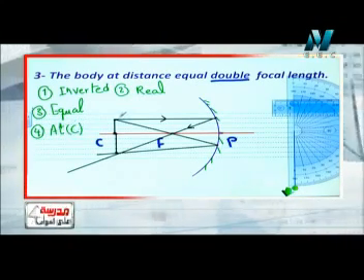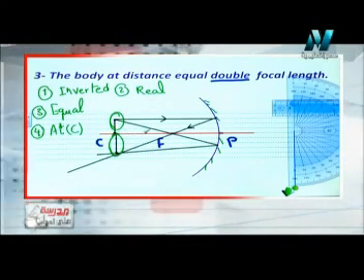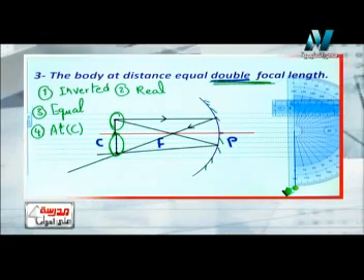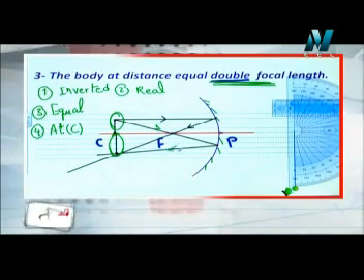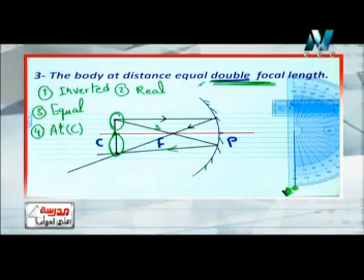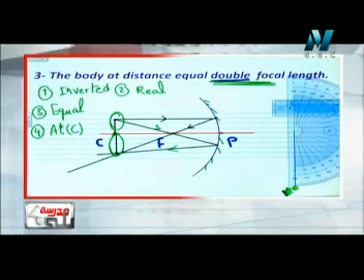So if the object is at center of curvature, the image is at center of curvature. What is meant by center of curvature here? Double focal length. Using the first and second rules to draw the image, with the properties of the image. We have another one.